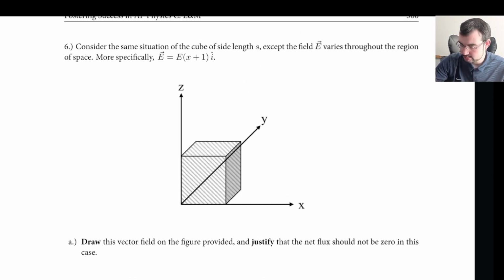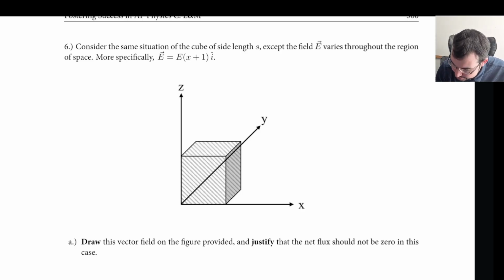But to conclude, we'll show that this isn't necessarily true in general. So let's say more specifically, we have the same cube of side length s, except the field varies as a function of x. So we can check our two main values of x that we're going to be interested in here.